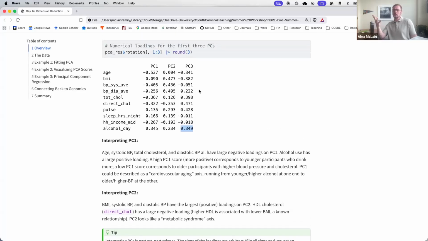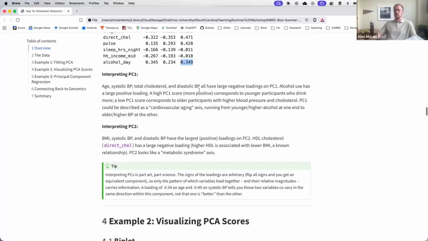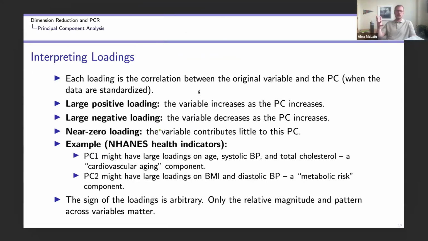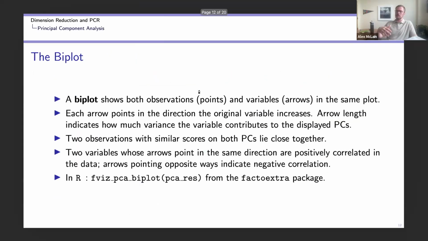Sometimes you can look at these and see some clear patterns. Other times, you can't. We saw this with the nutrition example as well. So looking at the loadings is an important first step in your PC analysis.